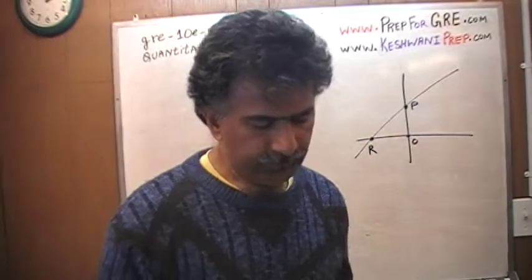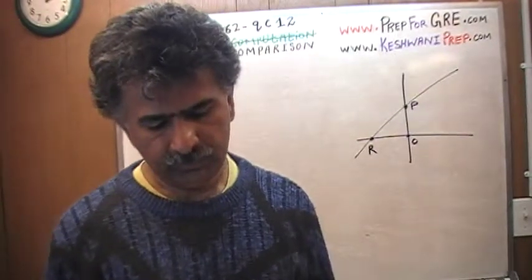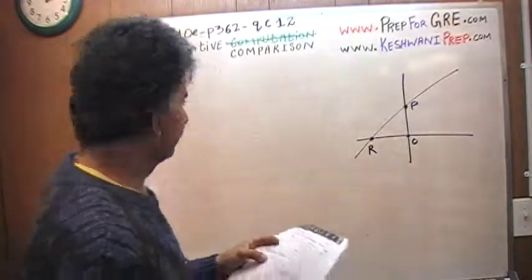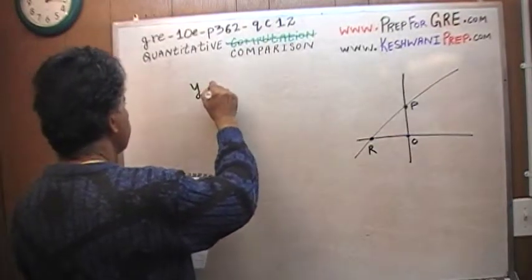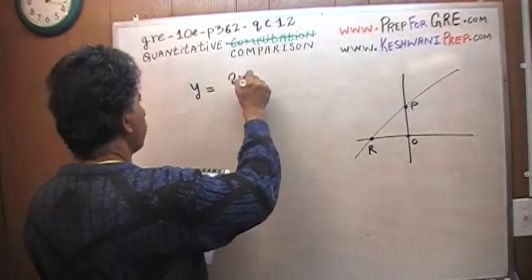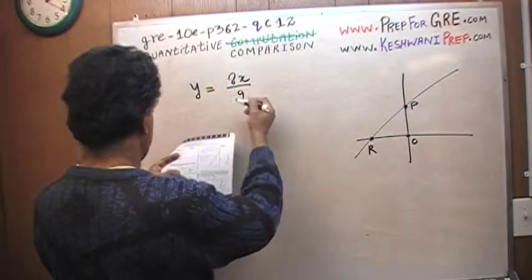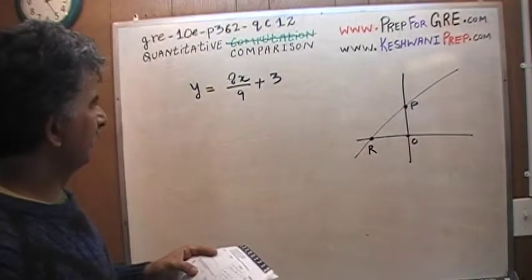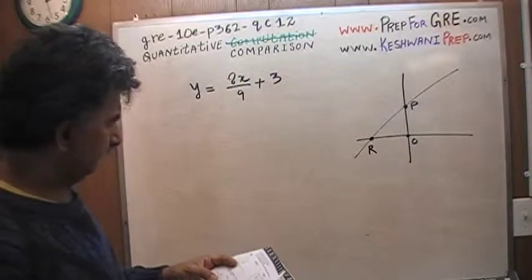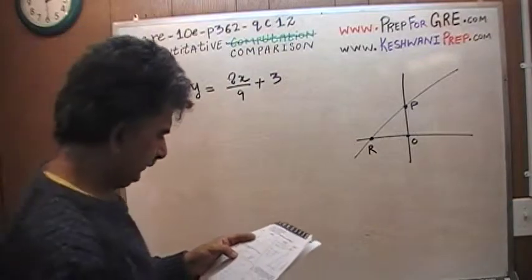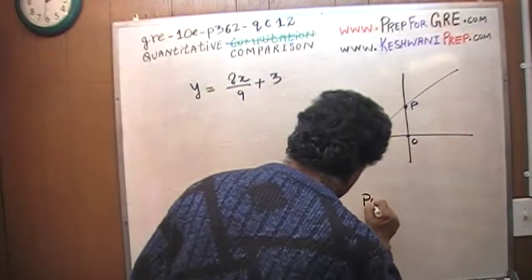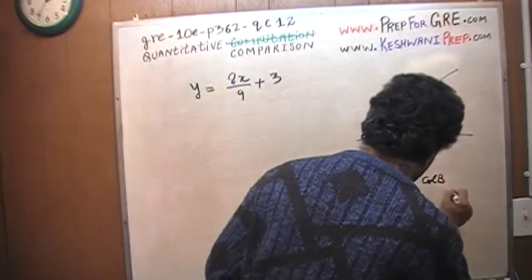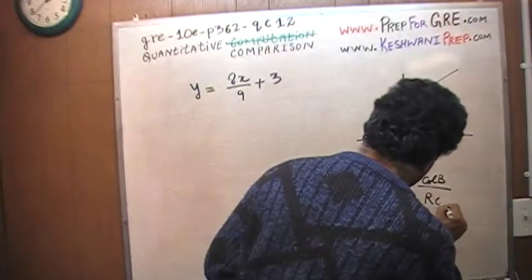It says the equation of the line graphed on the rectangular coordinate system above is y equals 8x over 9 plus 3. And they want us to compare the distance PO in the first column versus the distance RO.